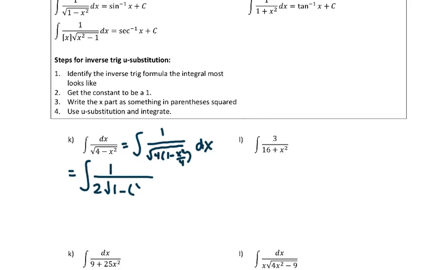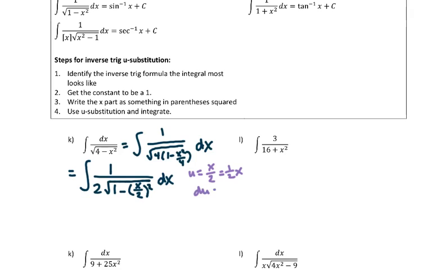So the x would be on top, and then what squared gives me 4? 2. I want to write it in this form because we're going to do U-substitution with it, and it just makes it pretty easy to see where we're going with that. So I'm going to let u equal x over 2, or 1/2 x. That might be easier to see.